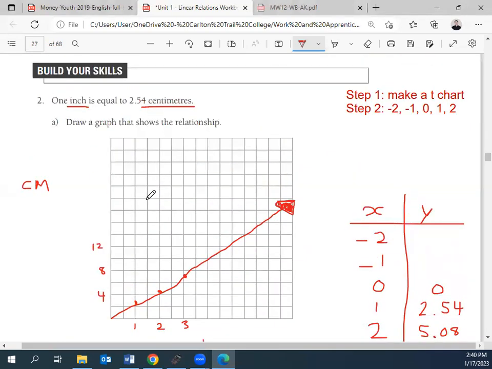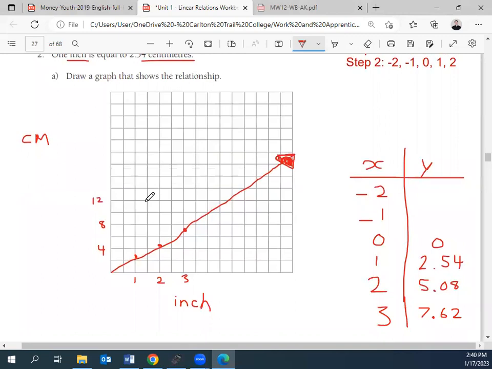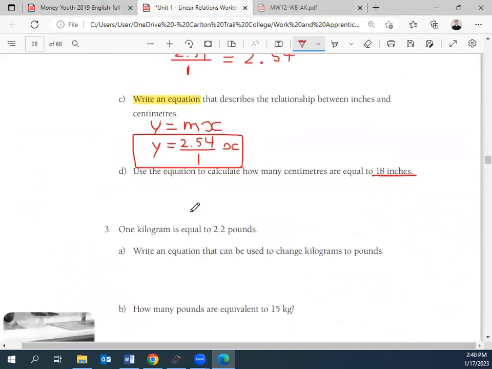Which one do we use for inches? X. So now I'm just substituting in what I know. I'm trying to figure out y, which is how many centimeters it is equal to. So I'm going to put my formula in there, 2.54, and then it's going to be x.